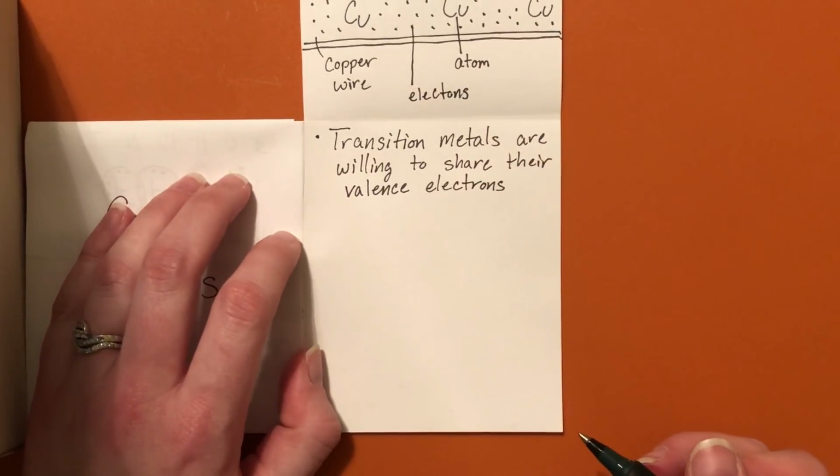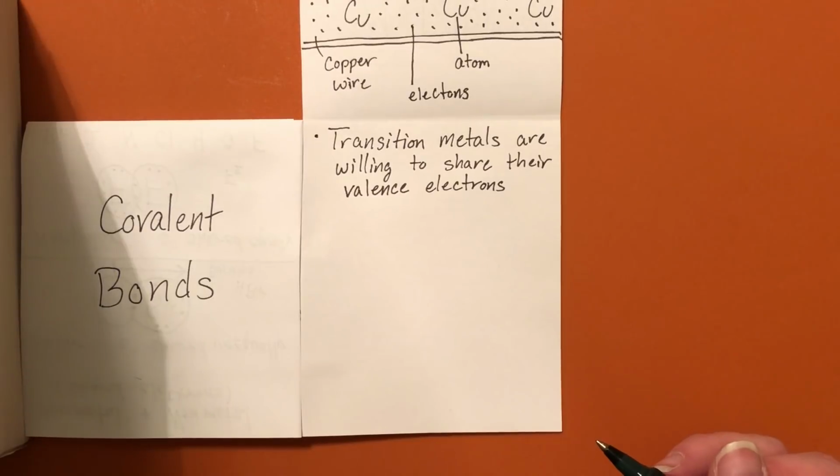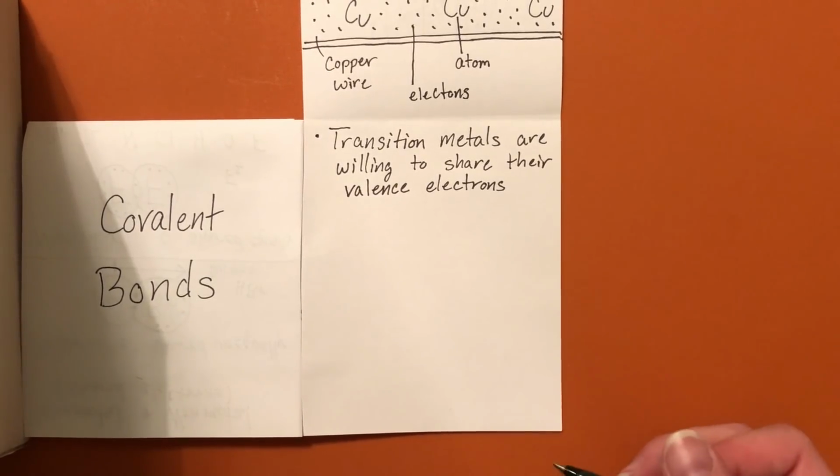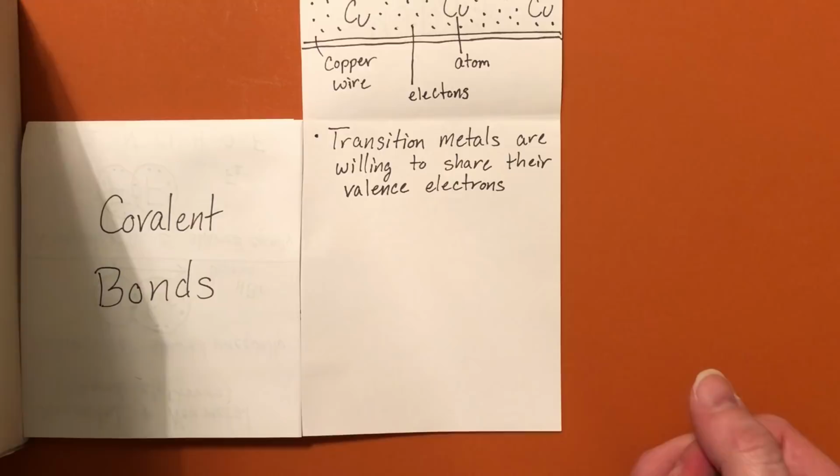So transition metals are willing to share their valence electrons, and they're willing to share more than one valence electron if they so need to.